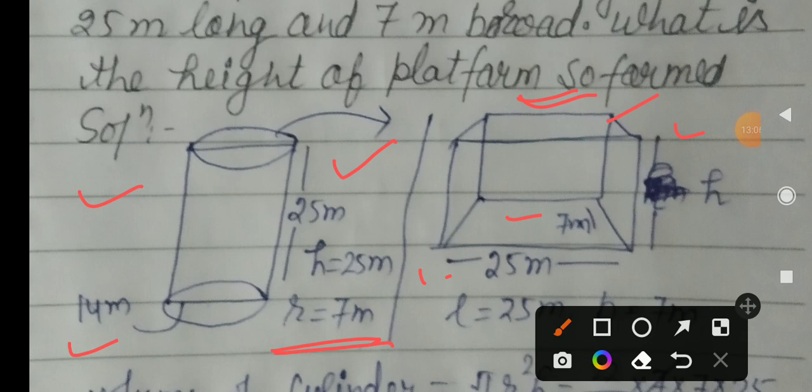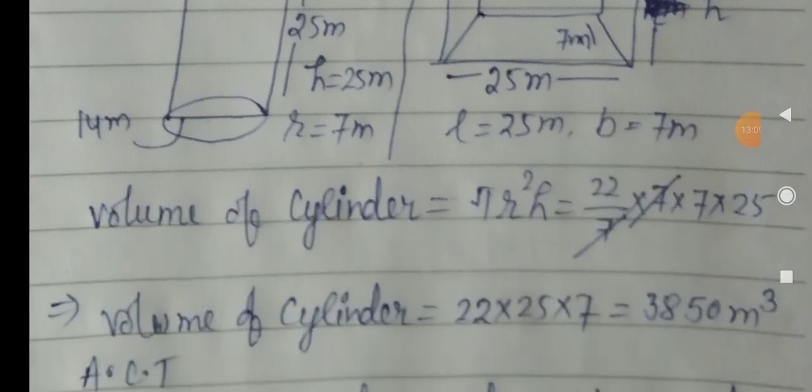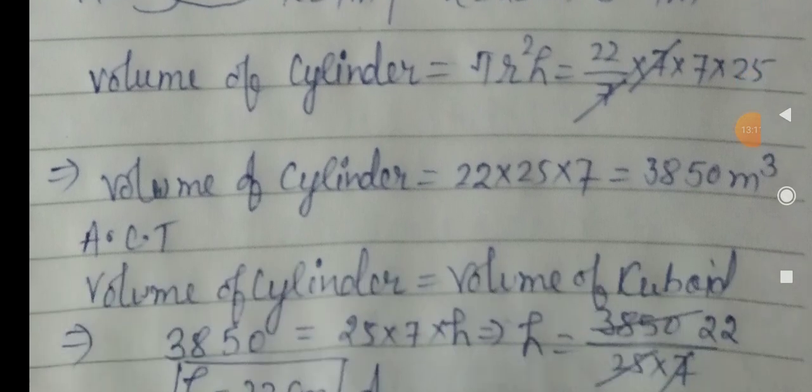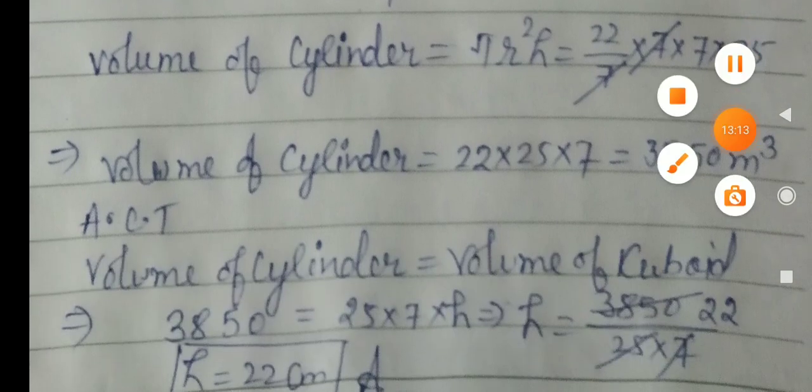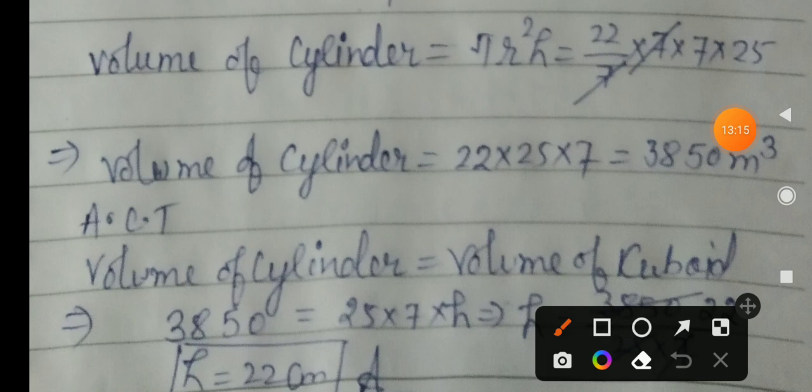Okay, now you have to do these things: the volume of a cylinder, because if anything is empty there, so at that time the volume of a cylinder is equal to the volume of a cuboid here. Okay, so the volume of a cylinder, you very well know what the formula is. So pi r square h, and at that time the value of r is 7 and h is 25.